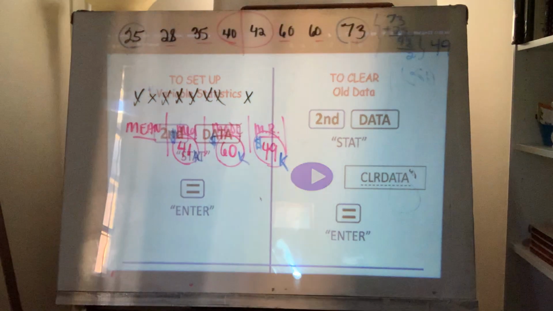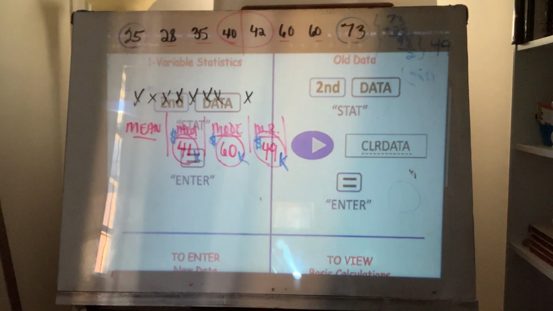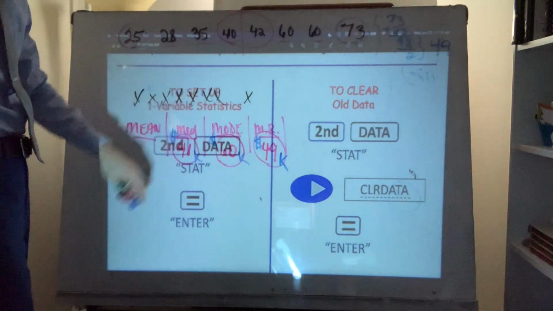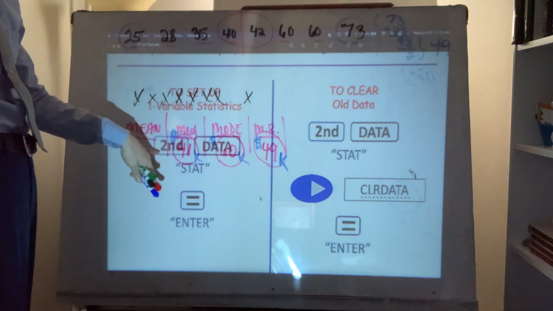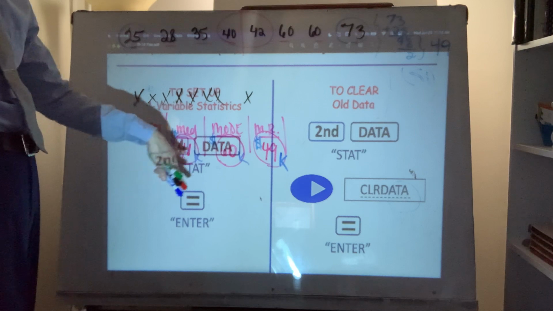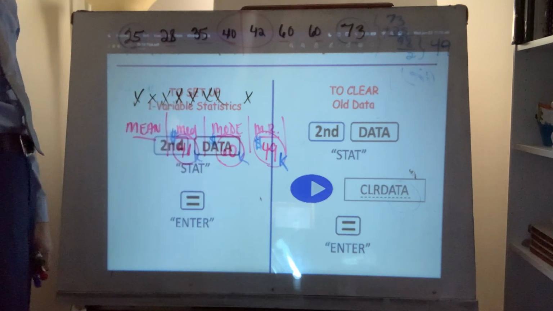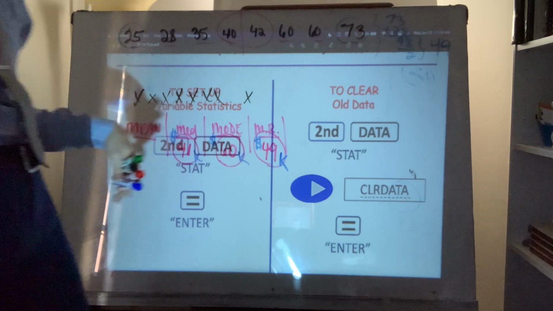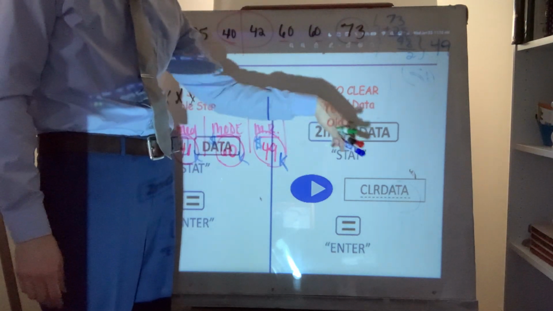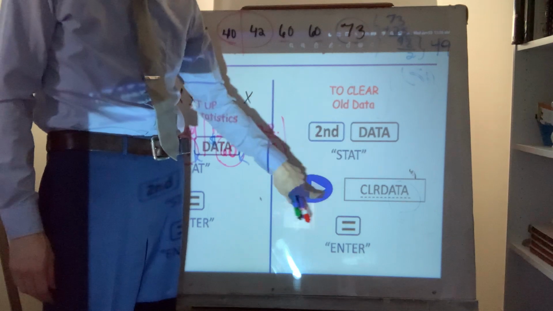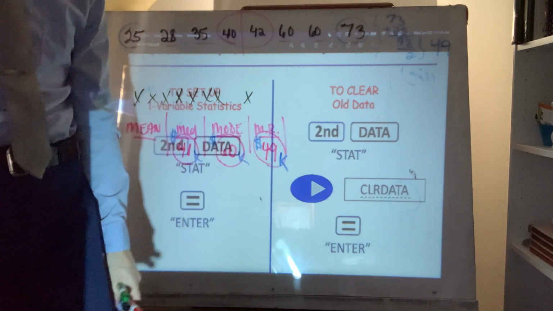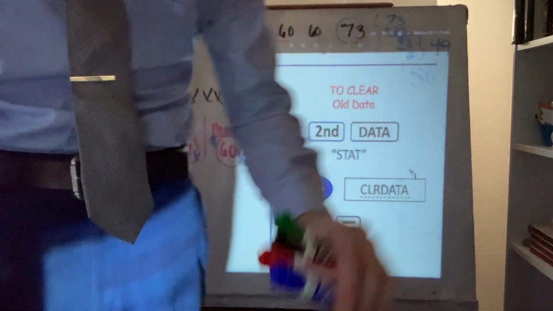What you're going to do is set up one variable statistics, which is pressing this sequence of buttons on your calculator, second and then data. If you need to clear your calculator first, assuming that somebody has been messing with it, then do this first. Second data, and then scroll over to where it says clear data to end and press enter.